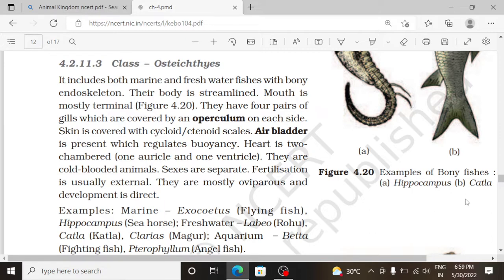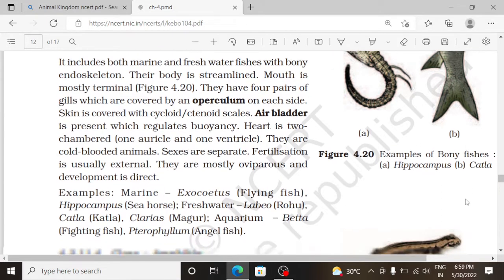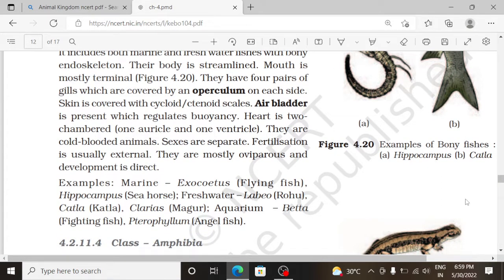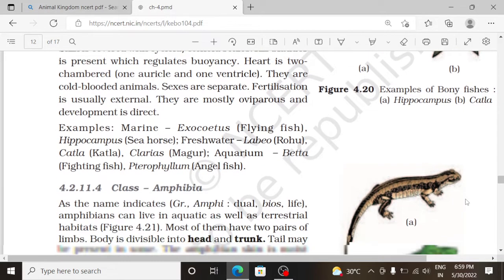Ctenoid is pronounced as ctenoid, but its spelling is ctenoid. Air bladder is present which regulates buoyancy. Heart is two-chambered, one auricle and one ventricle. They are cold-blooded animals. Sexes are separate. Fertilization is usually external. They are mostly oviparous and development is direct.